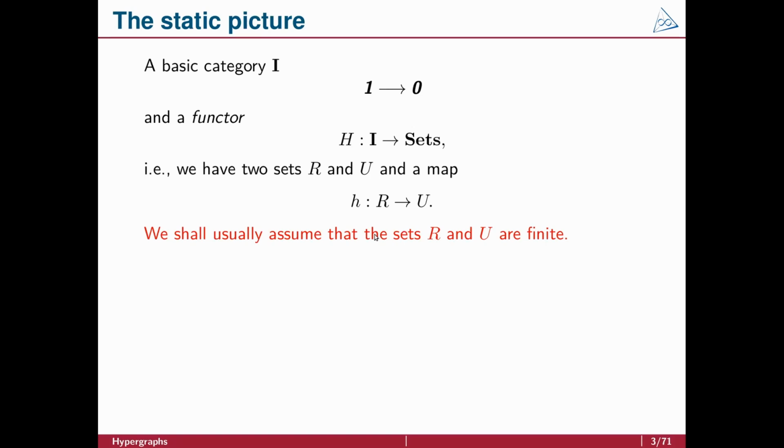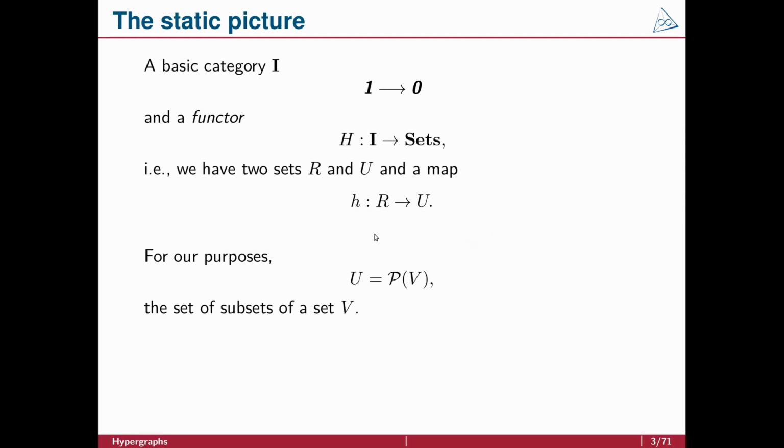For this talk, I will always assume that R and U are finite because I don't want to deal with issues of compactness, convergence, and so on. For our purposes, the target set U has somewhat more structure. Namely, it is a power set of another set, the set of subsets of some set V. It could also have other structures, but for hypergraphs, this is a basic option.